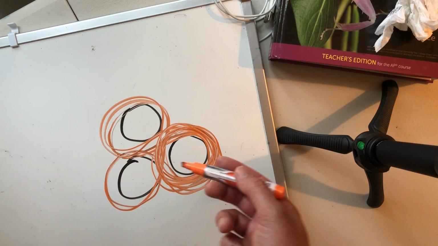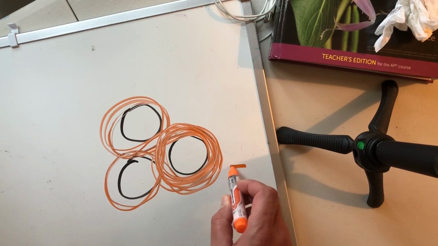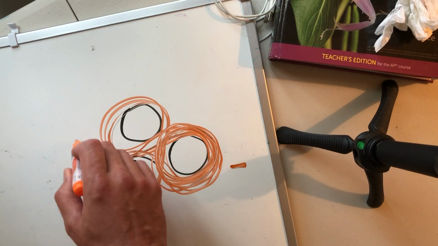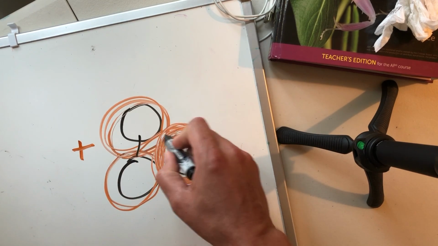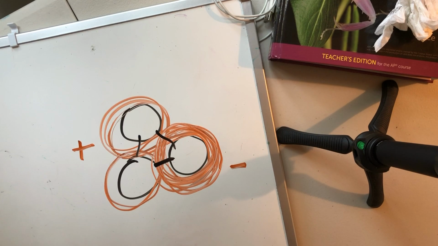And now suddenly we have a slightly negative charge on this side and a slightly positive charge here. And now what we've created is what's called a polar molecule. And again, we'd still have the same bonds, but this molecule is not charged. We would not call this molecule charged. We would say it has an uneven charge. It's polar.